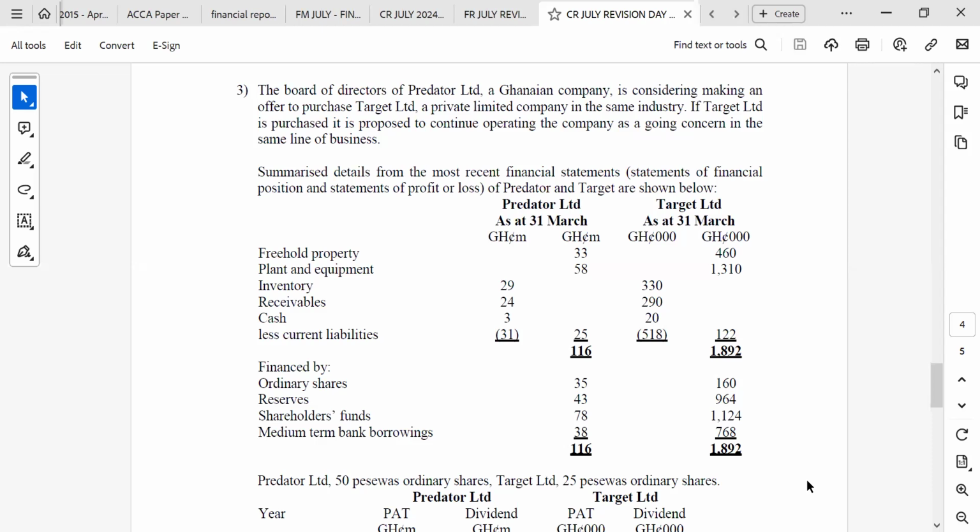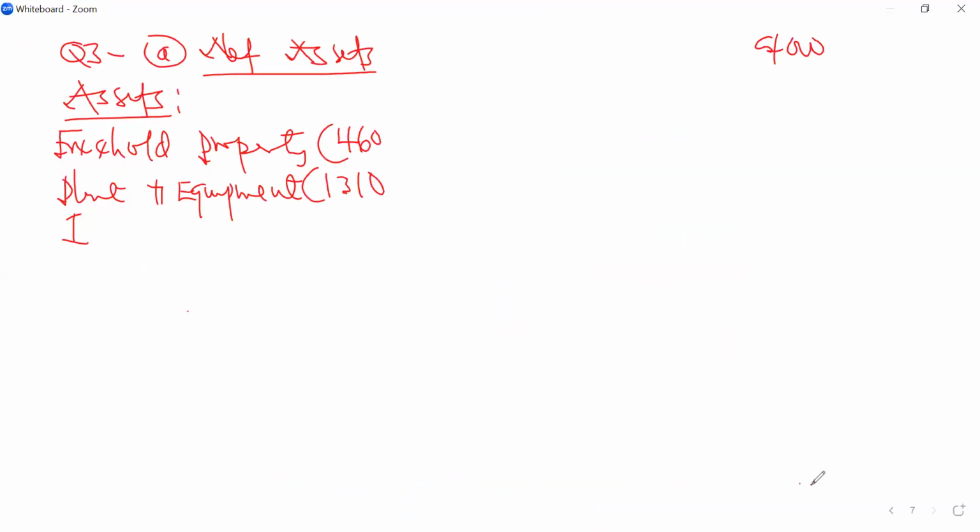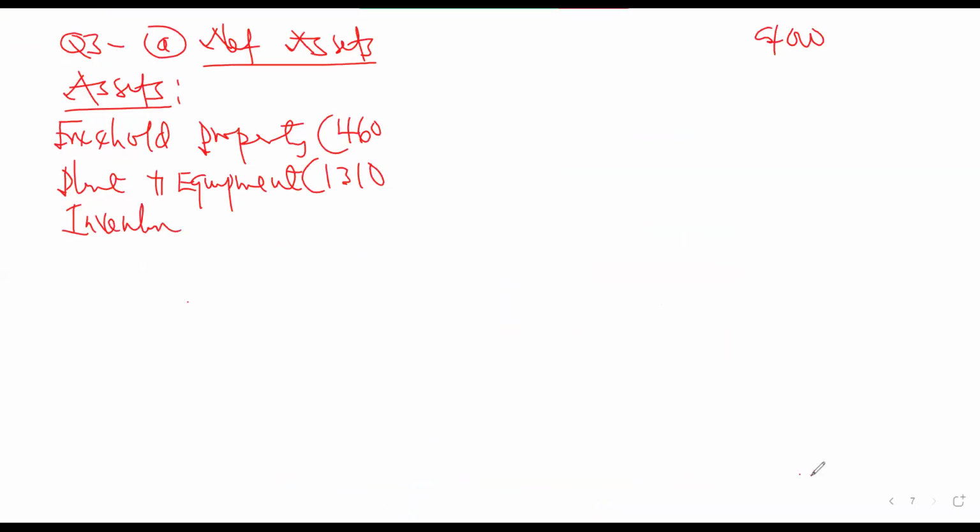Okay, so let's count to inventories. How much are we having for inventories? 330. Okay, the next one is what? Receivables 290. Cash 20.